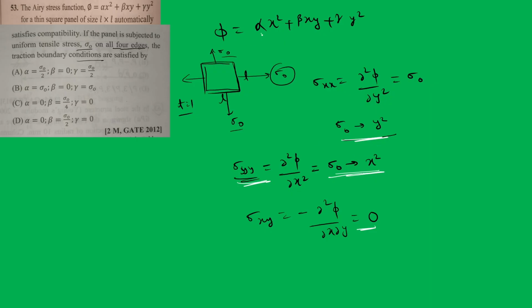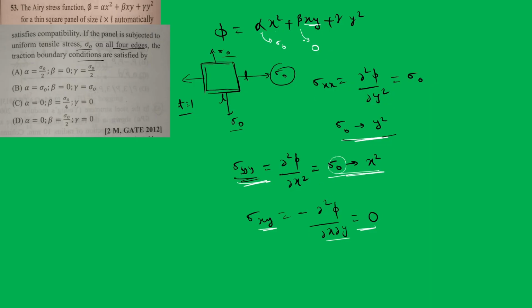So alpha x square, so x square is the function of sigma naught, so this should be sigma naught. Okay, so alpha should be sigma naught. Then beta is the function of xy, so this should be 0, because the function that has the xy comes 0.